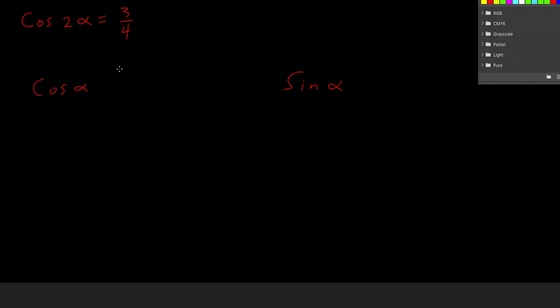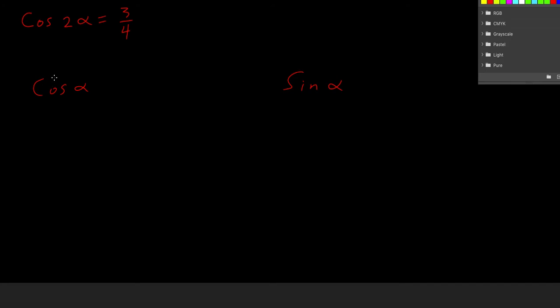Okay, so cosine 2 theta, or 2 alpha, is actually... we have 3 choices for double angle formulas. Now, because we're given cosine and we want to end with cosine, I'm going to use the last one that only involves cosine.